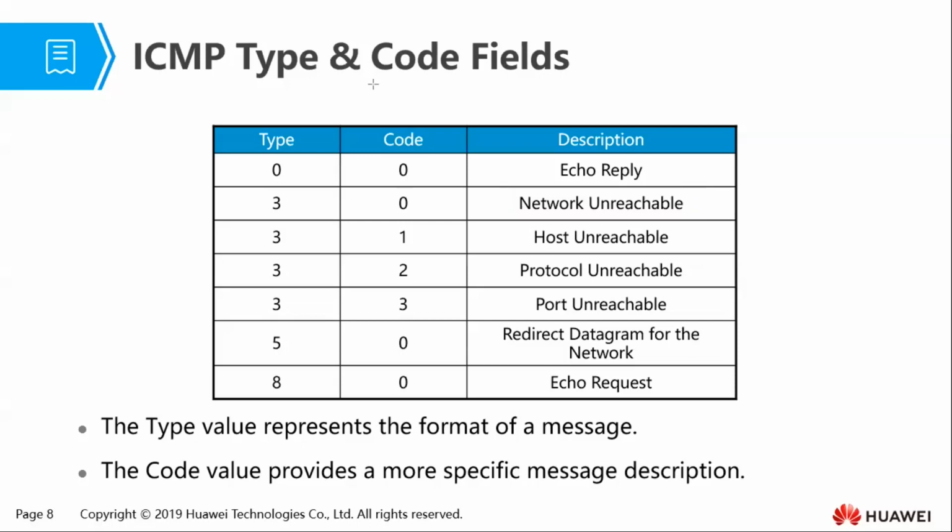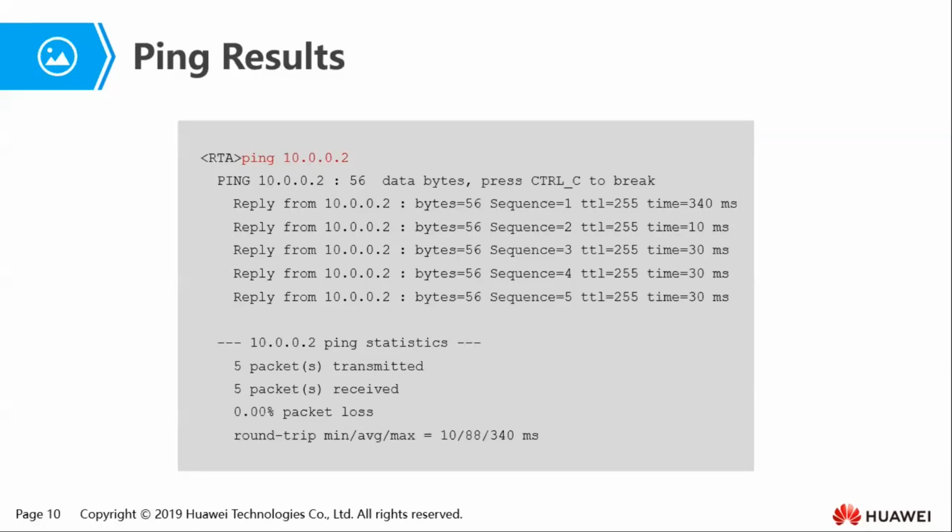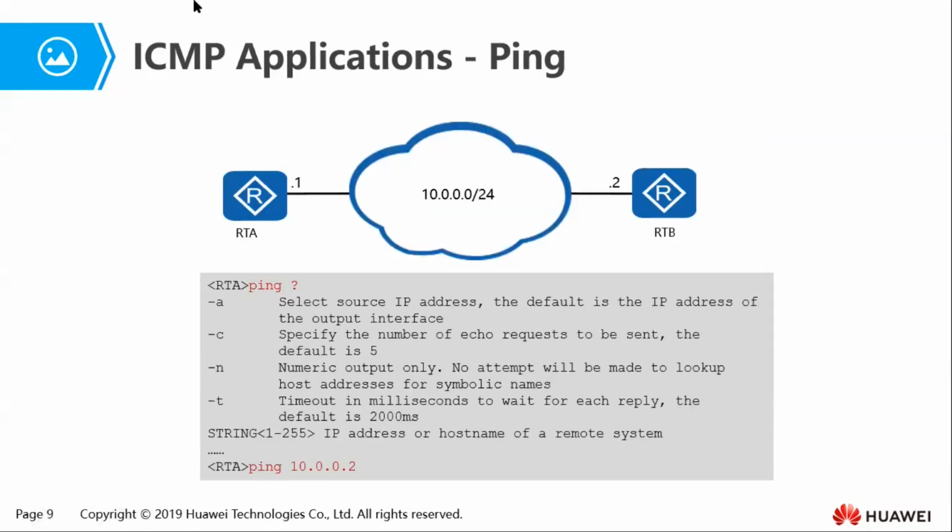Okay, so now let's go and look at the ping. Then I can also answer Chris's questions about the timeout. So here we are in router A. In router A, we can type the command ping, then space, then question mark.